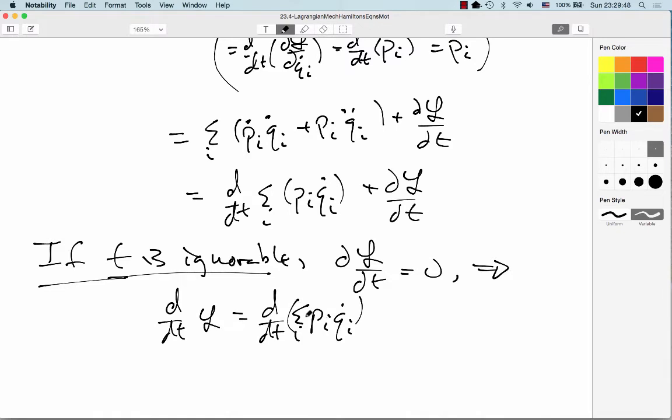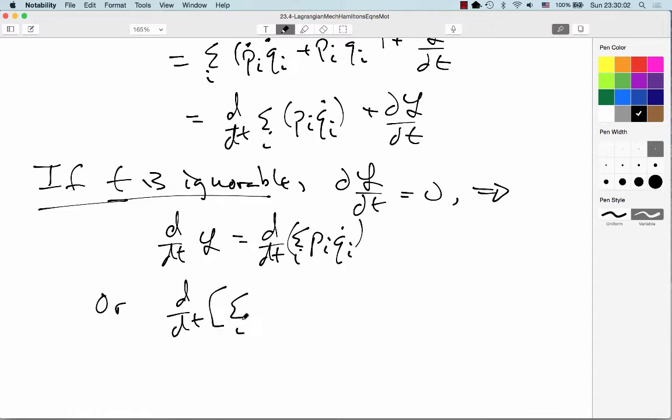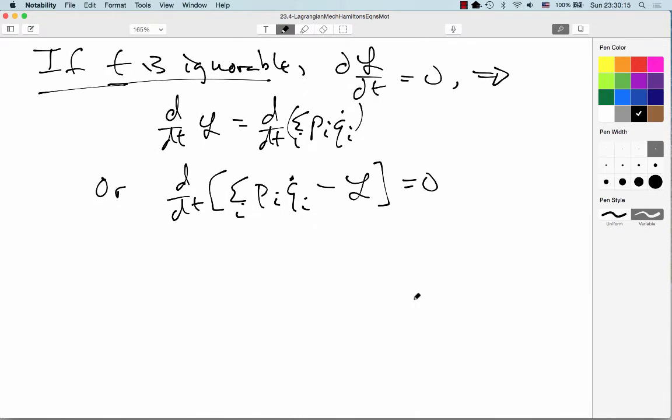Now, this is not a general statement. This is only true if t is ignorable. So I can rewrite it a little bit and say d/dt of the sum over i of pi qi dot minus the Lagrangian is equal to 0. So we found our conserved quantity.